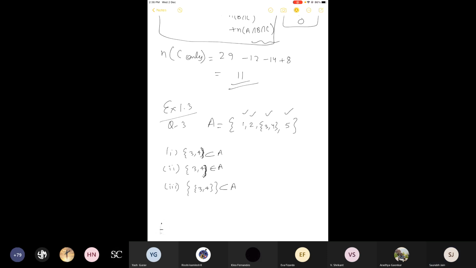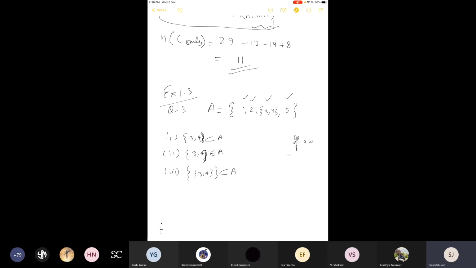Listen, very important. If small a is an element of A, this I have already discussed. Before we studied sets, we discussed the standard terminology. If a is an element of set A, then it is written with this symbol which looks like E, a belongs to A. And if capital A is a subset of B, which we studied yesterday, then we write A is a subset of B like this.